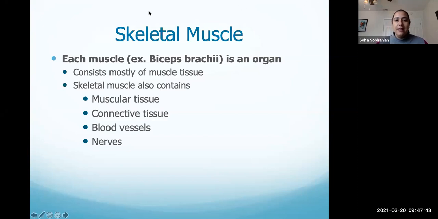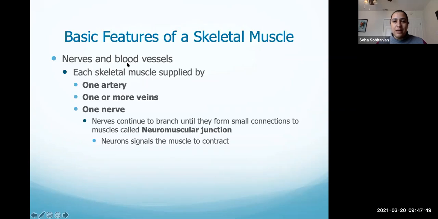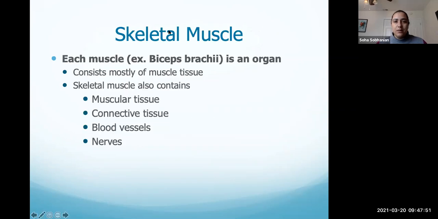Next, we're looking at a typical muscle that we have in our body. A typical muscle, which is basically an organ, like your biceps, triceps, quadriceps, hamstring, etc. Each of these muscles will contain the following tissues: muscular tissue, which is kind of logical; connective tissue, which we're going to see wrapped around your muscle; blood vessels, which is again kind of logical; and then nerves.